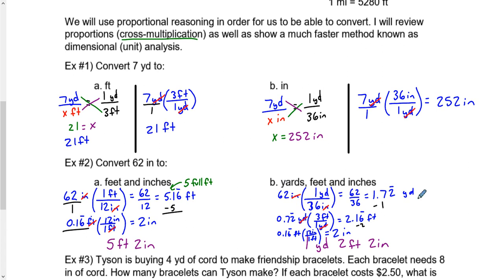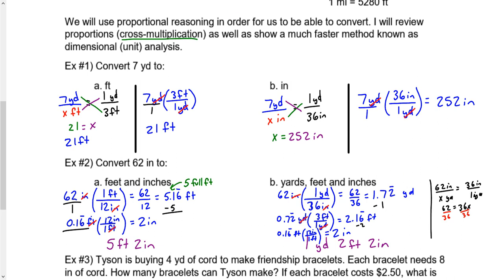If we had done this by proportion, we'd have to set it up as 62 inches is so many yards. Still do the same kind of work. 36 inches is 1 yard. 62 multiplied by 1 is 62. X times 36 is 36x. Then we would divide by the 36. And the x would get to the 1.72.